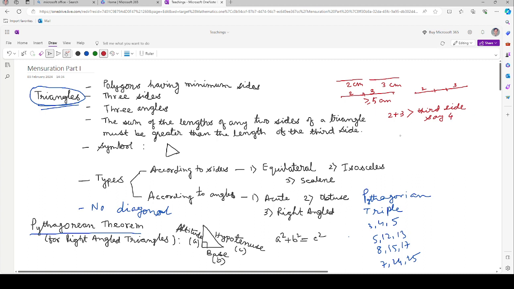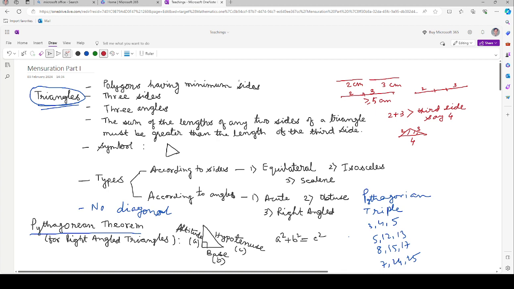Then a triangle will be formed. 2, 3, 4. Do you understand? The sum of the lengths of any two sides of a triangle must be greater than the length of the third side. It is the meaning of the statement.